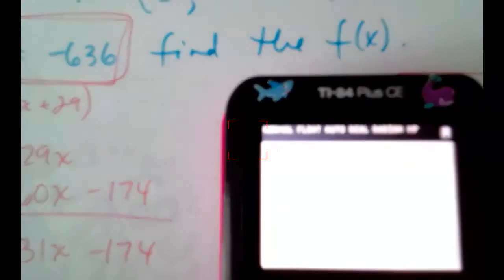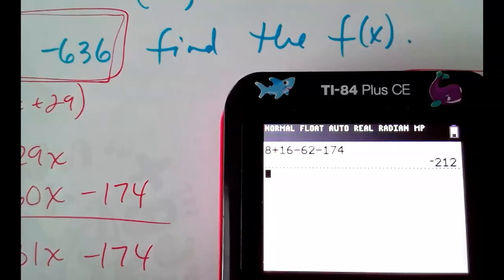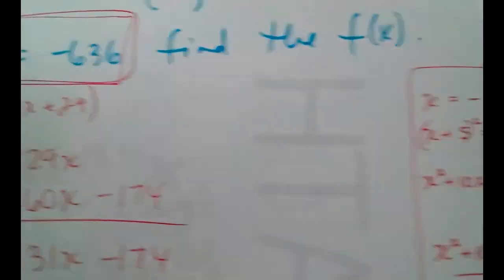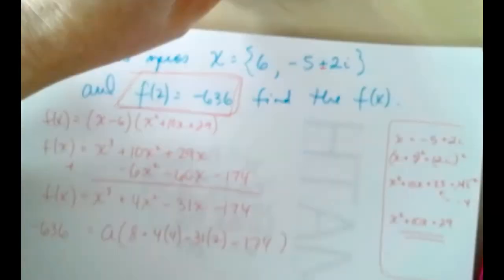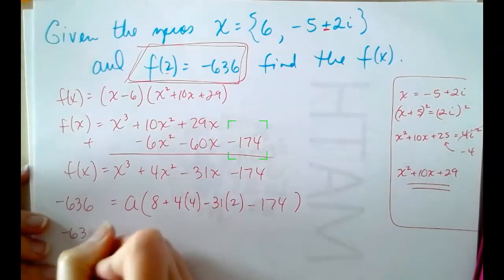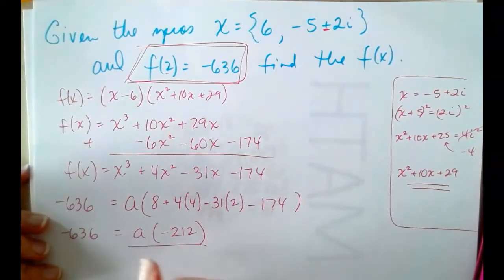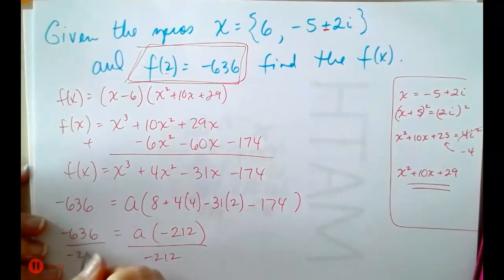So 8 plus 16 minus 62 minus 174 is negative 212. So when I do all my simplification here, I get negative 636 equals A times negative 212. Hooray! When I divide by negative 212, A is 3.